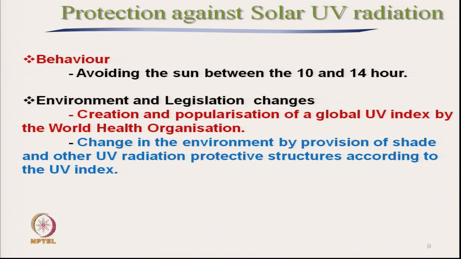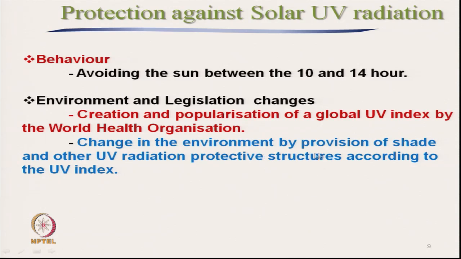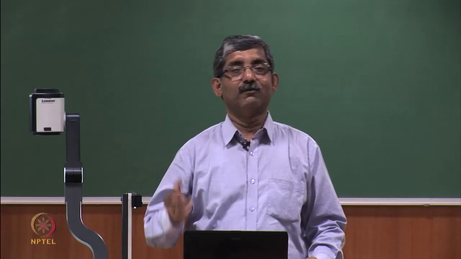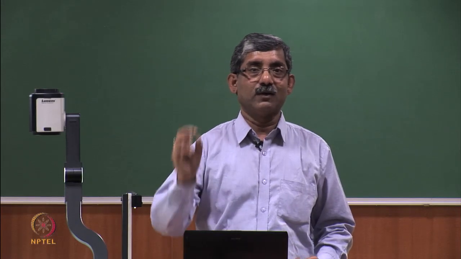There must be a global UV index so that people are aware of the change in the environment, by provision of shade and other UV radiation protective structures according to the UV index. So, the UV index is the indicator of the presence of UV radiation in a particular place.